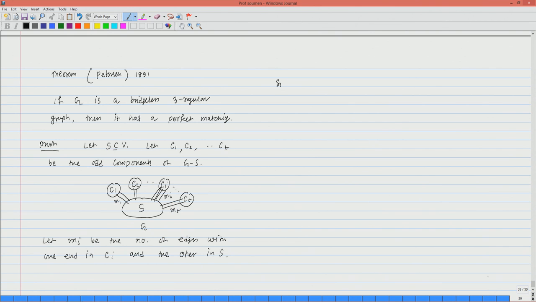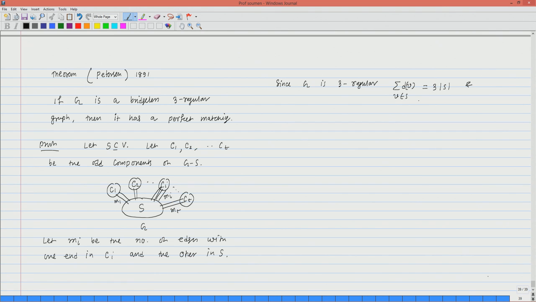Now, since G is 3-regular, what we know is that the degree sum, the sum of degree of v for v belonging to S, is equal to 3 times the cardinality of S. This is easy because every vertex in S has degree 3, it is a 3-regular graph.